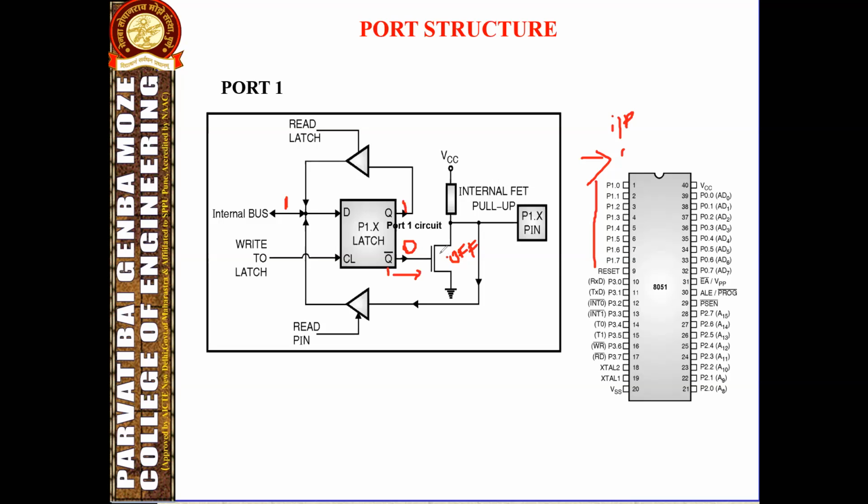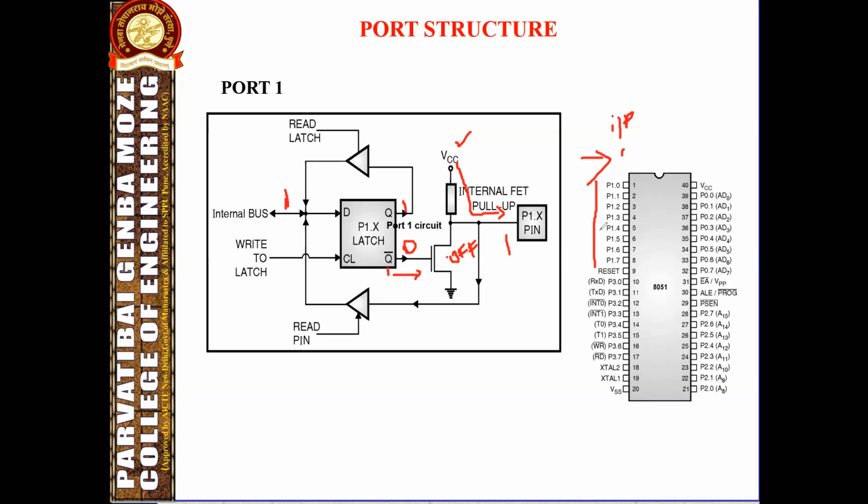Then what will happen? The other terminal is connected to VCC. VCC is nothing but high. So here a current is flowing, this will be off, and this high VCC current flows like this. So what will we get in the output? 1.